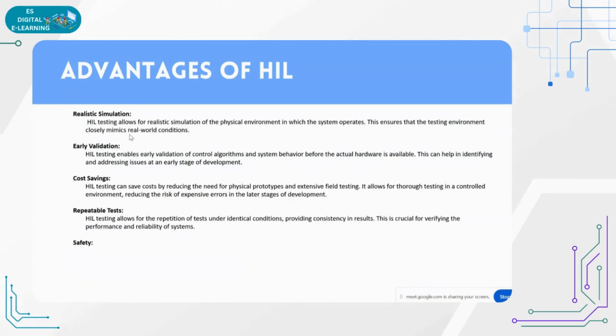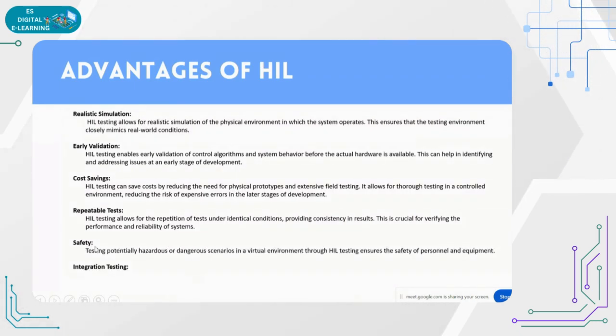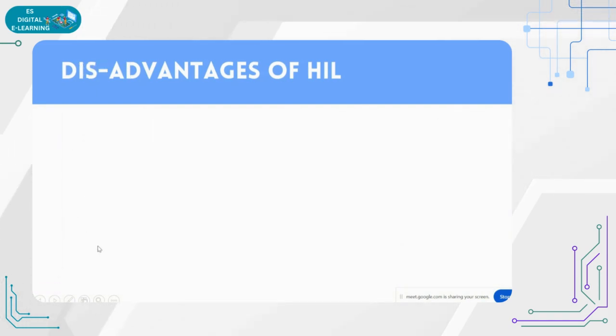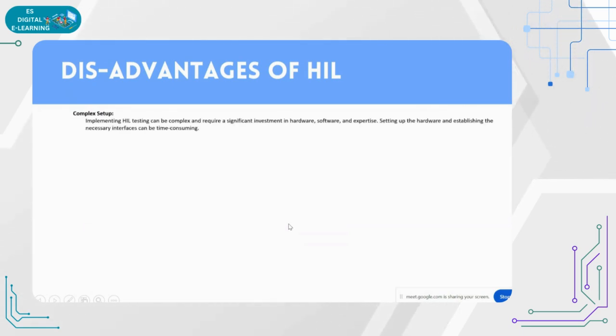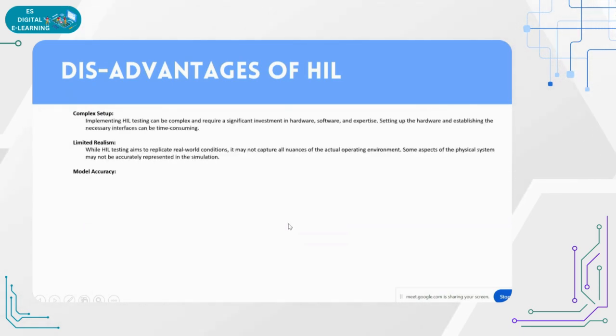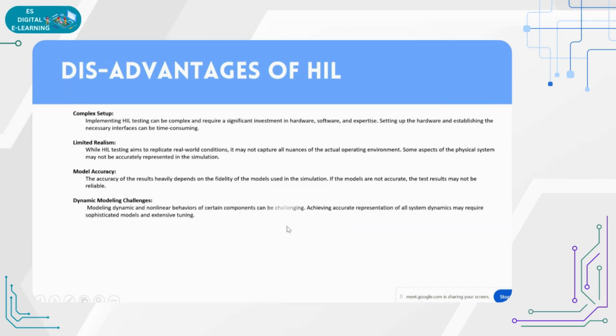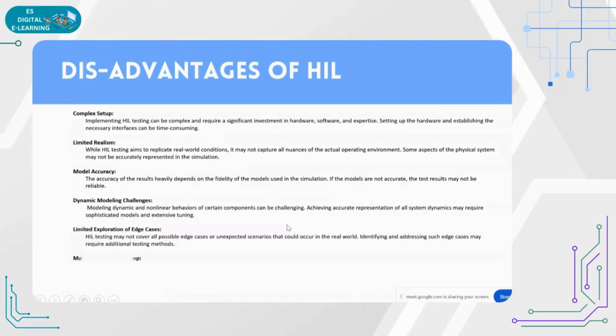It will be difficult in real time. But when it is in HIL, we can open it multiple times and do the testing. Safety is very important, and integration testing we can do easily. The disadvantages of HIL are complex setup, limitations, the model accuracy that is required, dynamic model changes, limited exploration of edge cases, and maintenance upkeep.